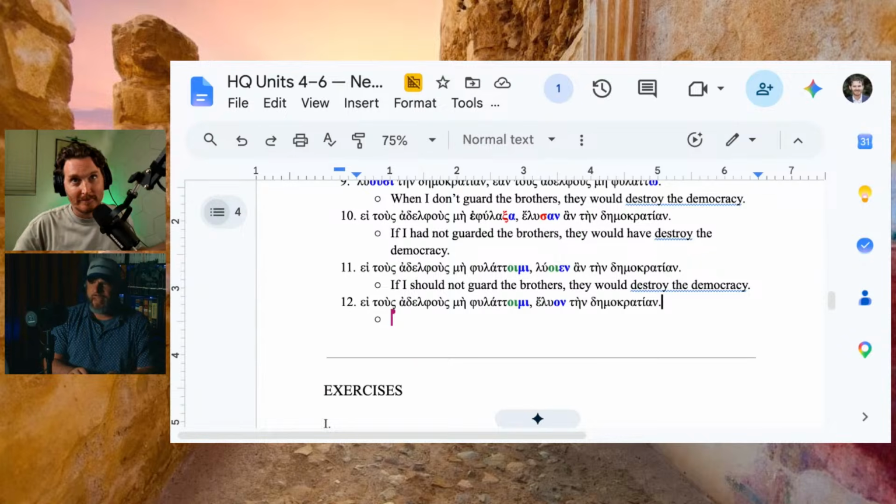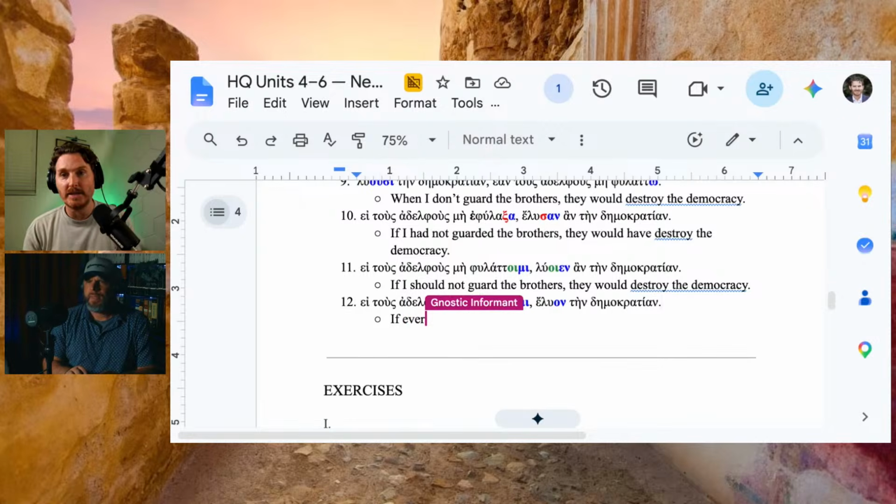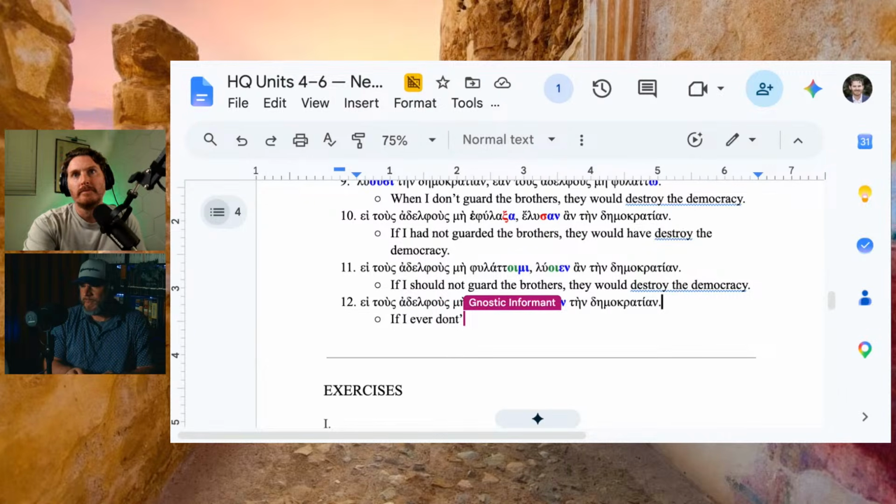Okay, let's do if ever then. I like doing if because ei means if to me. Yeah, if ever is a more literal translation, while whenever is a bit more colloquial, a bit more natural. If I ever don't guard the brothers, or whenever I didn't guard the brothers.